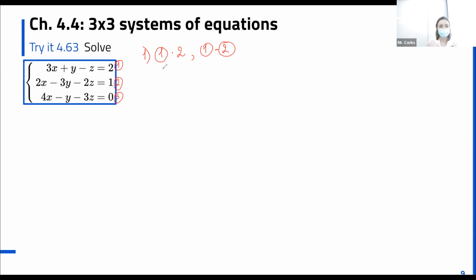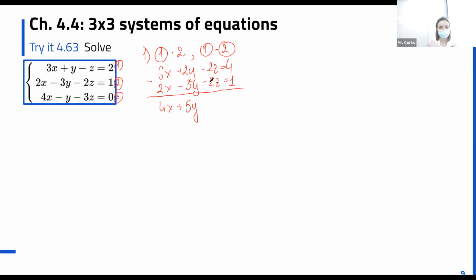So we have 6x plus 2y minus 2z equals 4, minus 2x minus 3y minus 2z equals 1. What do we get? 6 minus 2, 4. 2 minus 3, 2 plus 3, 5.